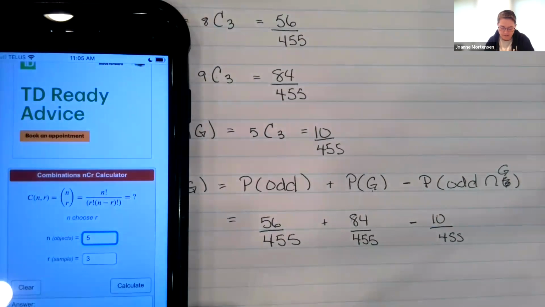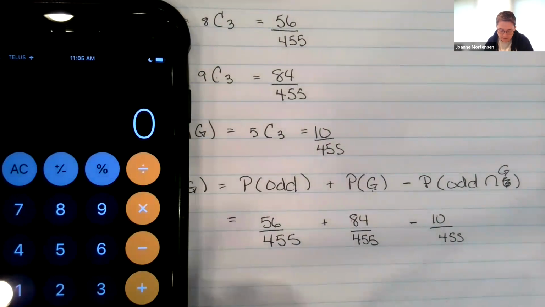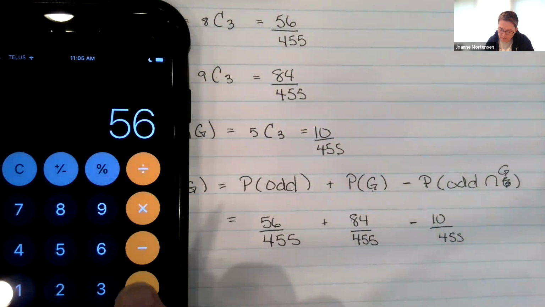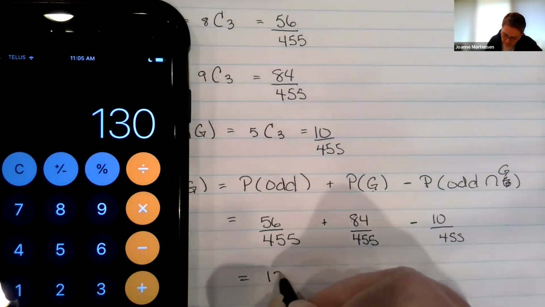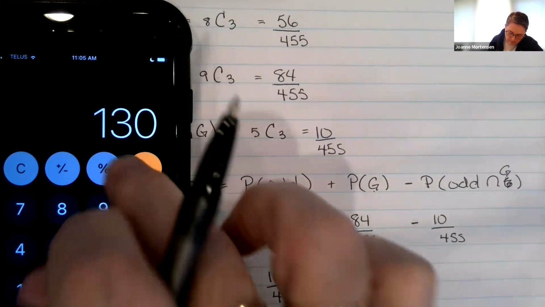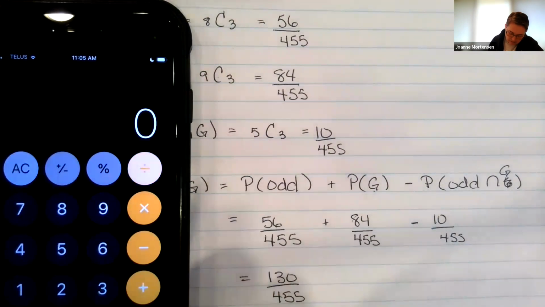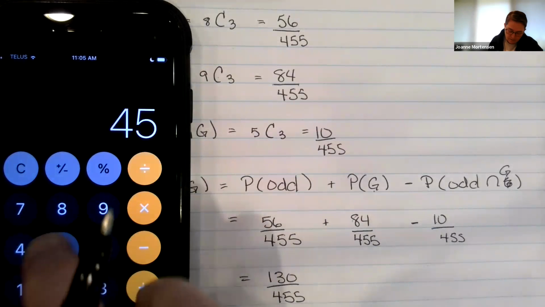All right, that's too much legwork today. So 56 plus 84 minus 10 is 130. Divided by 455. Boom.